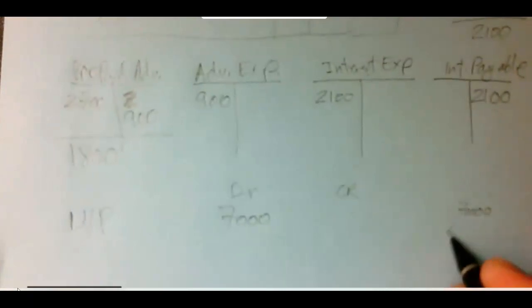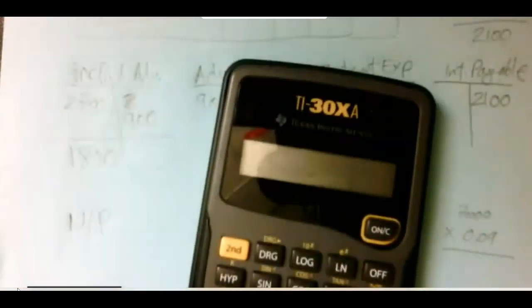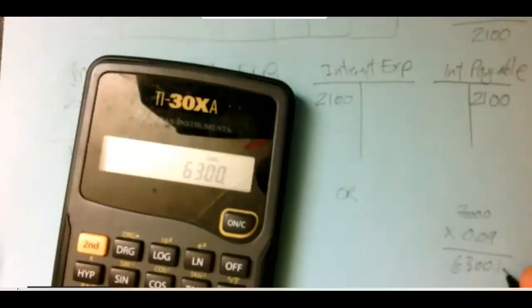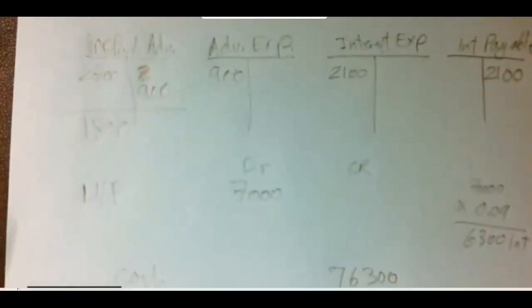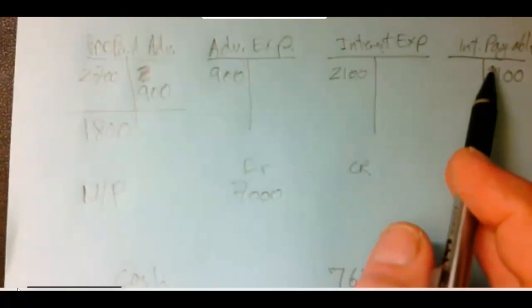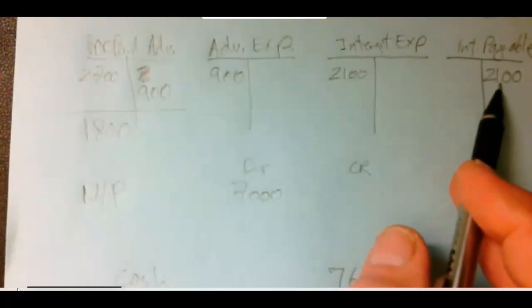So you have to say $70,000 times 9%, that would be $70,000 times 0.09, $6,300. So that's your interest. Okay, so you're going to pay $76,300 back. That's your cash credit. But you have an interest payable here that you already recognized.